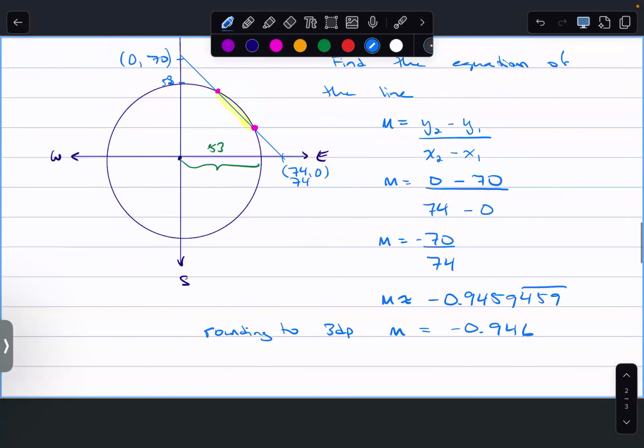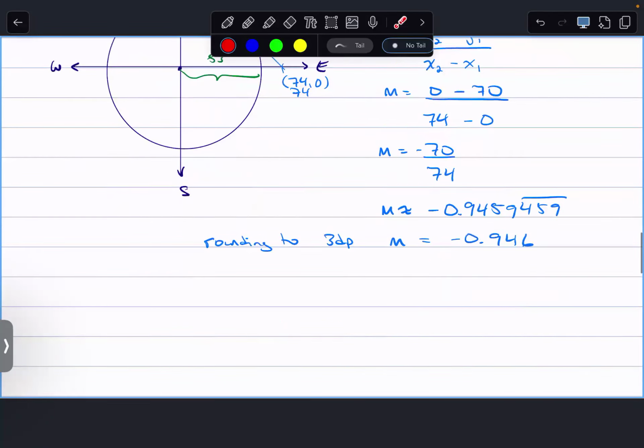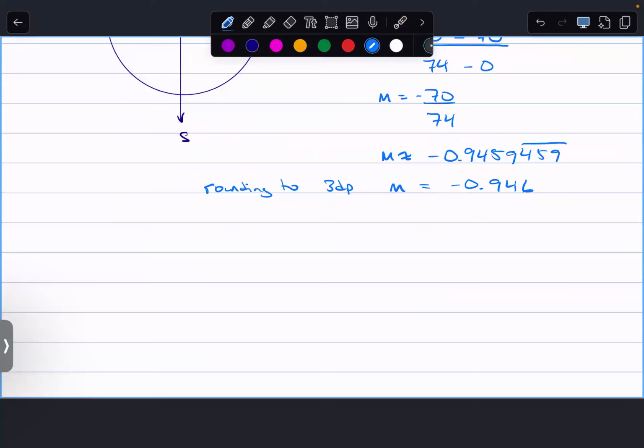It makes sense that it's negative, because I've got this downward slope, and so I'm expecting a negative slope. Otherwise, I forgot to do the 0 minus 70. That's a good check-in: does the slope match the line that you drew? Once you have your slope, the equation of the line is y equals mx plus b.